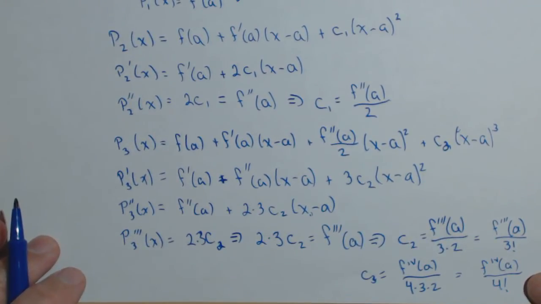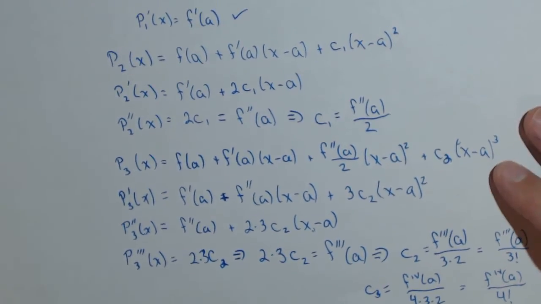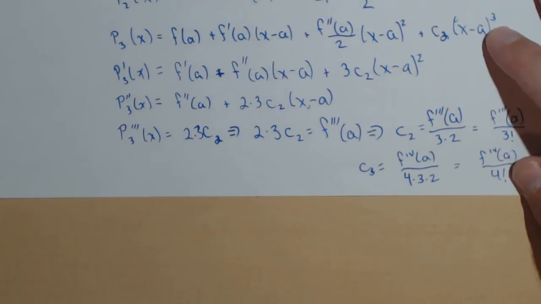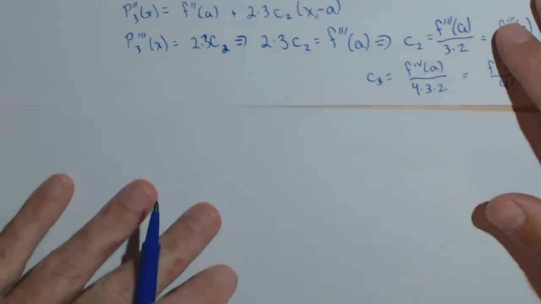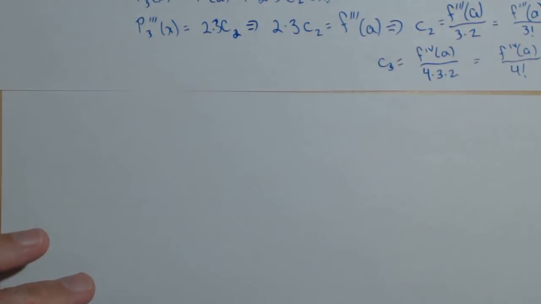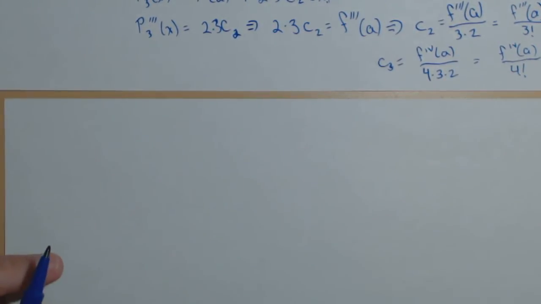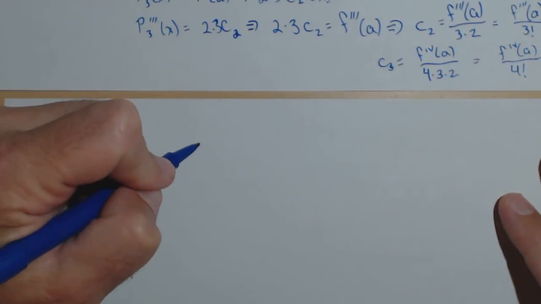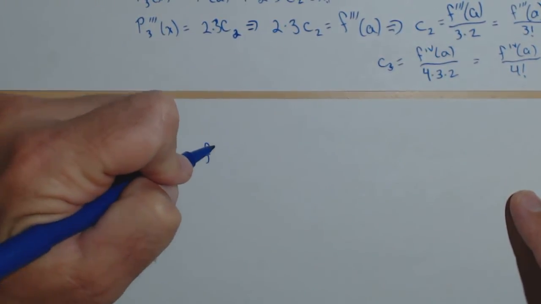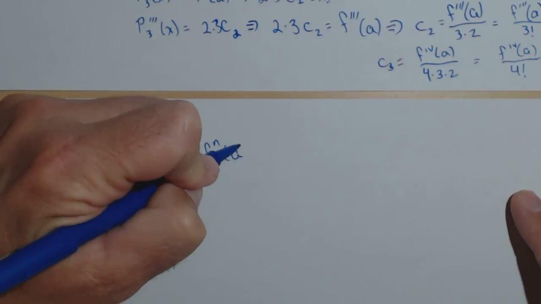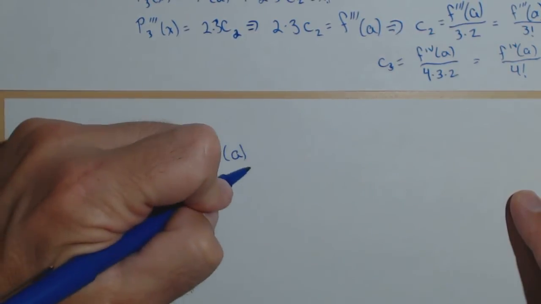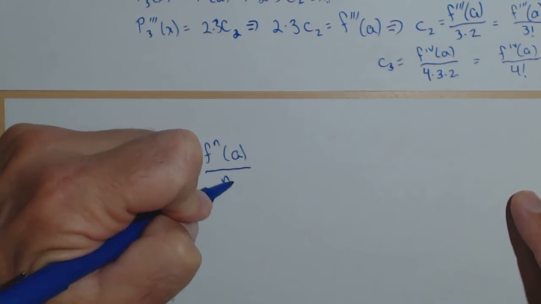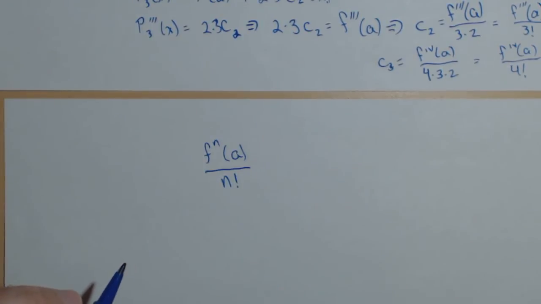What this does is it gives us the general term for a Taylor polynomial. So any given coefficient of a Taylor polynomial is going to be the nth derivative evaluated at a, where our Taylor polynomial is centered, over n factorial.